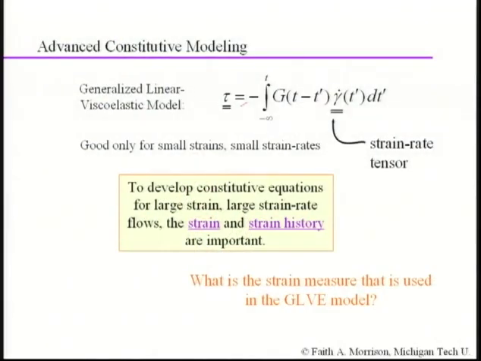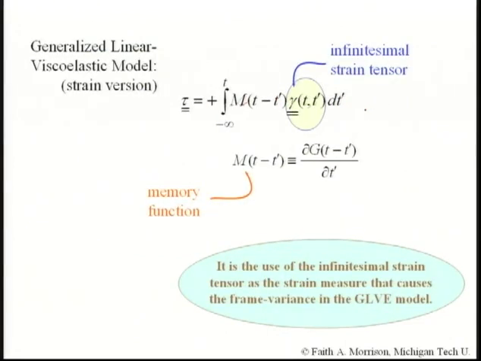Okay, so we're talking about advanced constitutive modeling, models that work better than the generalized linear viscoelastic model, but that will also predict time dependence and hopefully other types of dependencies. So the path we're taking is to improve the strain measure. I went through an exercise to turn this strain rate tensor into this strain tensor through an integration by parts.